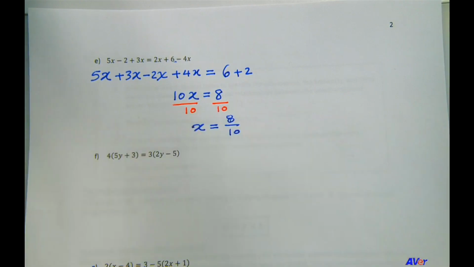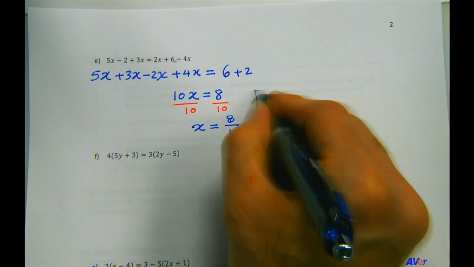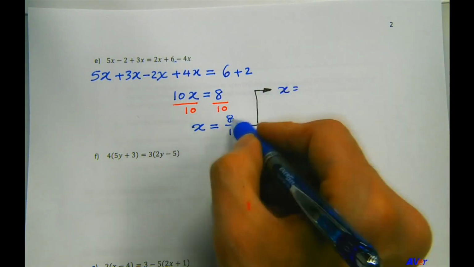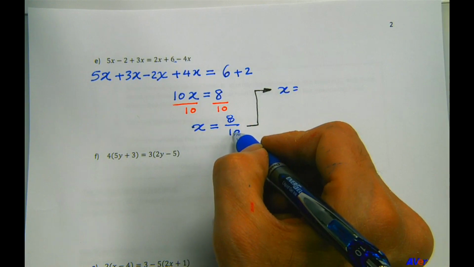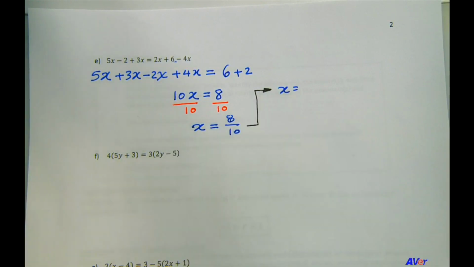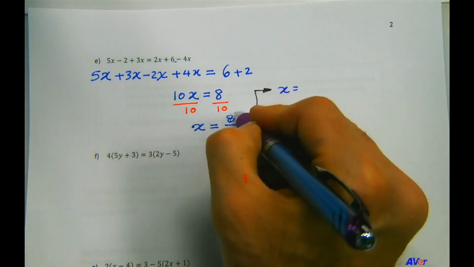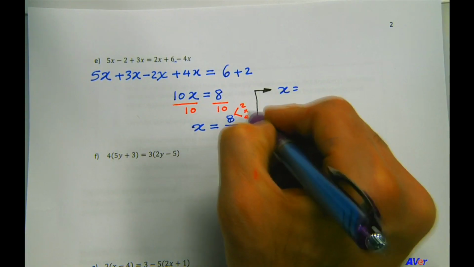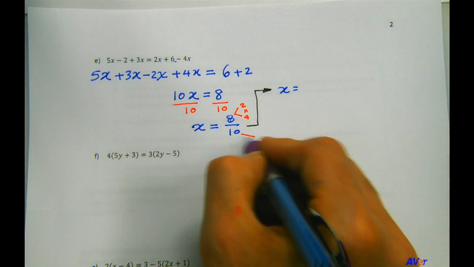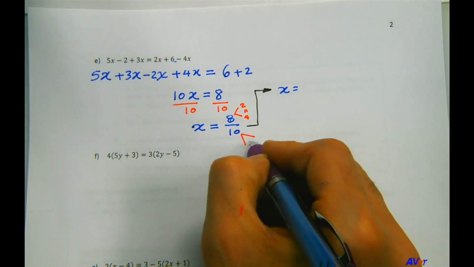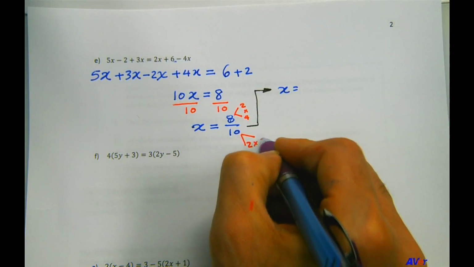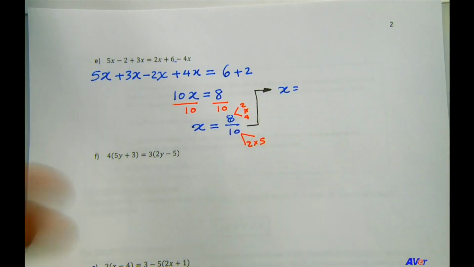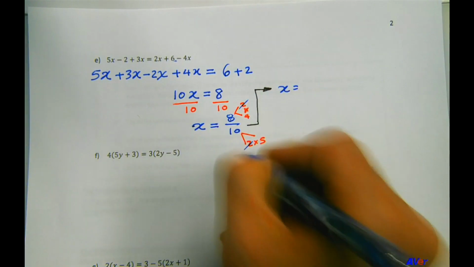Can we simplify this? Absolutely. Both 8 and 10 have factors of 2. Right? So 8 has factors 2 times 4. 10 has factors 2 times 5. So this 2 and this 2 cancel out.